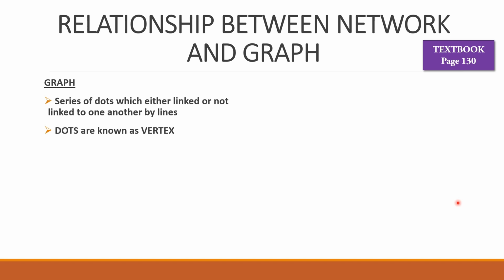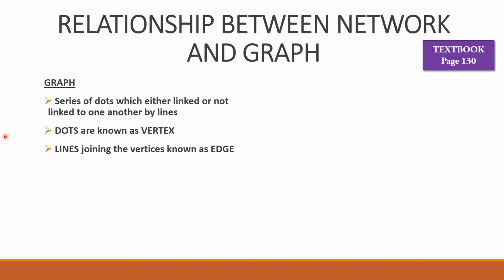The dots are known as vertex. The lines joining the vertices, vertices being the plural for vertex, are known as edge. So dots are known as vertex, vertex adalah bucu, and the lines, garisan, joining the vertices are known as edge.